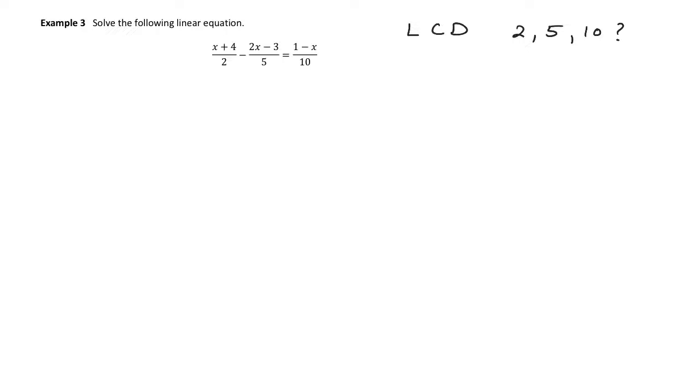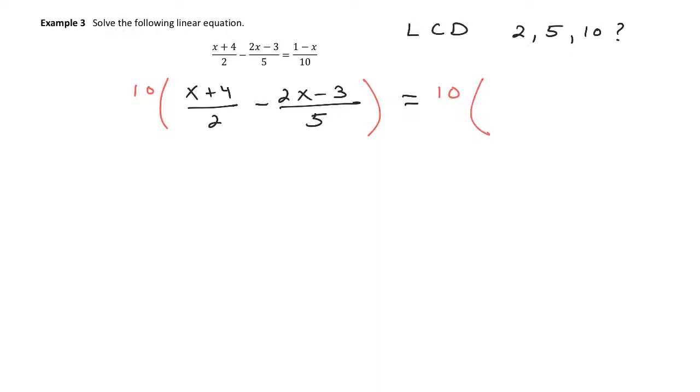So on the left, I'll multiply the whole thing by 10. So we have x plus 4 over 2 minus 2x minus 3 over 5, and that whole thing multiplied by 10. And on the other side, multiplying that by 10 as well, and I'll copy down 1 minus x over 10.